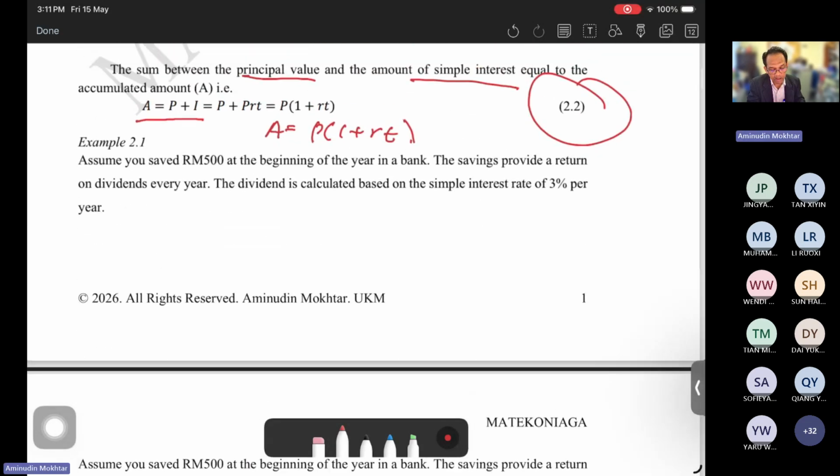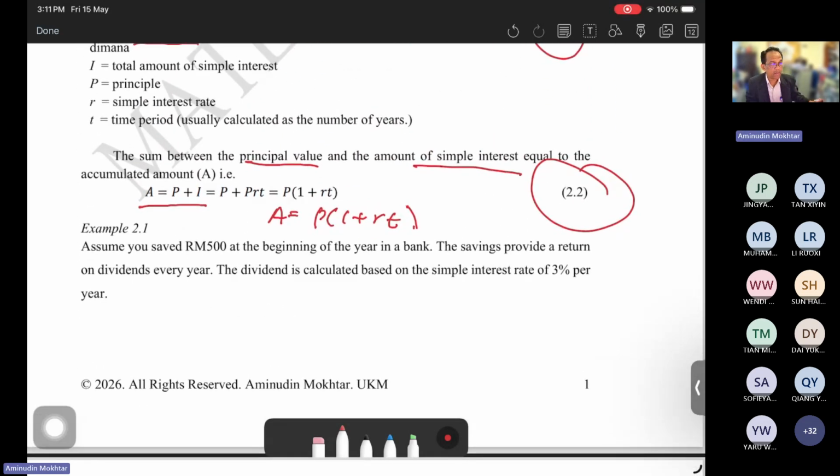Okay, for example, please refer to example 2.1. Assume that you save 500 ringgit at the beginning of the year in a bank. The saving provides a return on dividend every year, and the dividend is calculated based on the simple interest rate of 3% per annum. In this case, we assume you deposit 500 ringgit at the beginning of the year 2026 in a bank savings account.